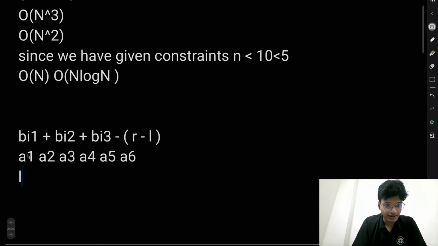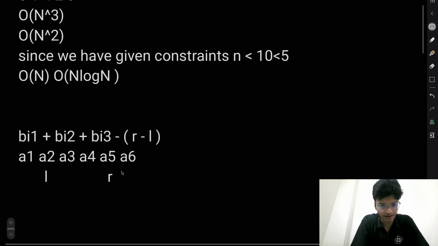Rather than choosing L at A1 or R at A6, it's better to choose A5 as R, so that in between we are choosing some beauties. That is A2 and A5, choose these as L and R.